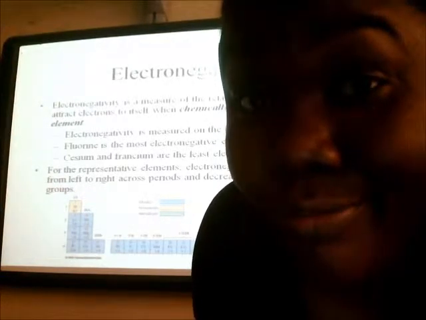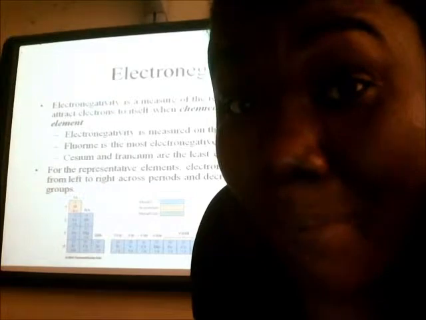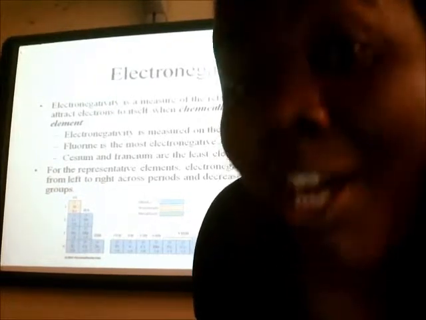We all know who is the most electronegative. Come on, y'all. Give it up one time for my main man, fluorine. This guy is so thirsty for some electrons. He is the most electronegative.